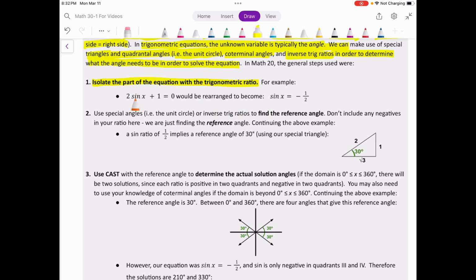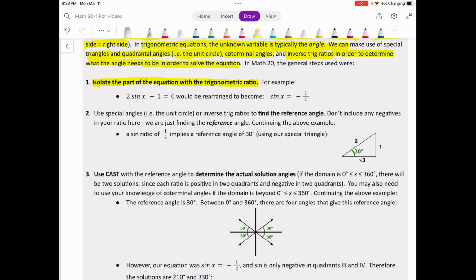Just to show you what I mean, if you had, let's say, 2 sine x plus 1 equals 0, what we're trying to do is figure out what value of x, what angle we could take the sine of, would make this equation true. It's a little tricky to think about in this form, because we'd have to take the sine of that angle, then multiply it by 2, and then add 1, and we want that to equal 0. It's kind of hard to use our trig knowledge here.